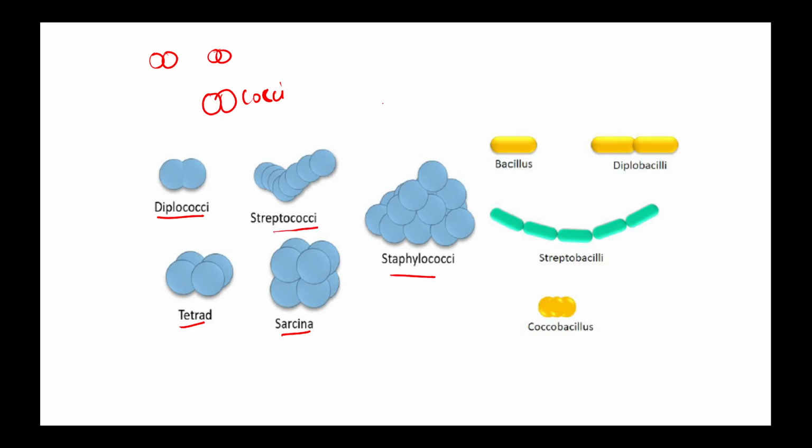Okay. Same thing is with bacillus. So now if it is a rod shaped bacteria, it's called bacillus. If it is a round shaped bacteria, it's called cocci. If it is a rod shaped bacteria, it is called bacilli. So cocci is plural, coccus is singular.